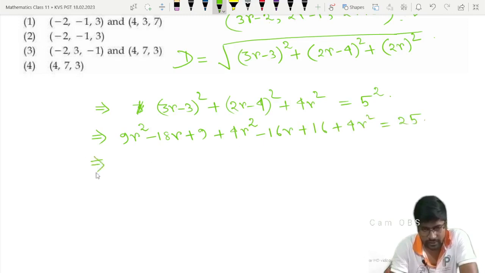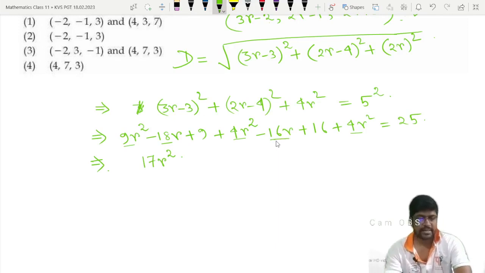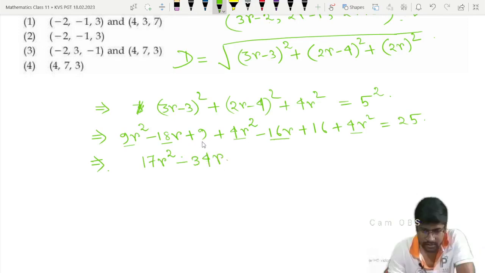Now 9r square plus 4r square plus 4r square, so total 17r square we are getting. Now here see minus 18r and minus 16r, so that will be minus 34r. And here 16 plus 9 is equal to 25, so this 25 and that 25 will cancel.